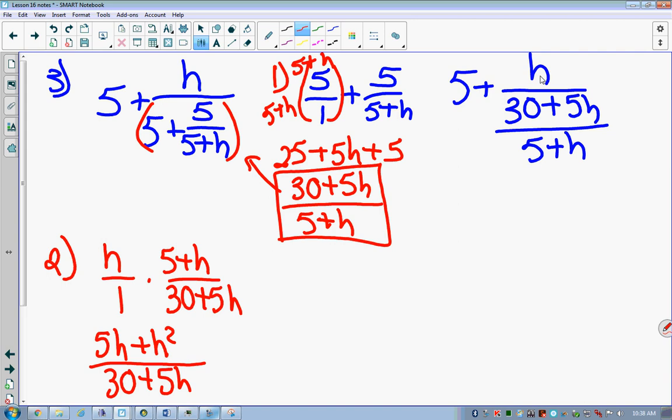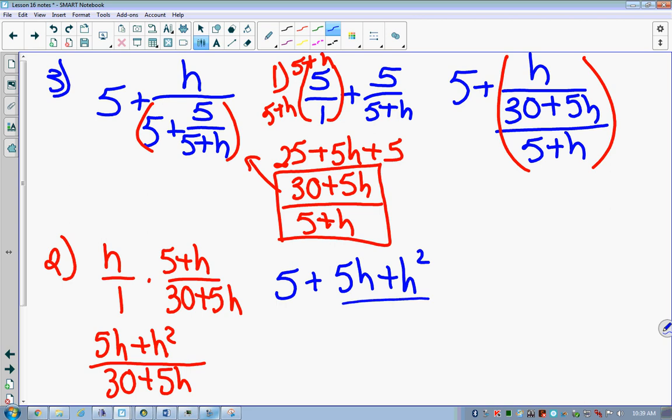So all of that is being substituted in for all of this. So as we rewrite it, we're getting 5 plus 5h plus h squared all over 30 plus 5h.